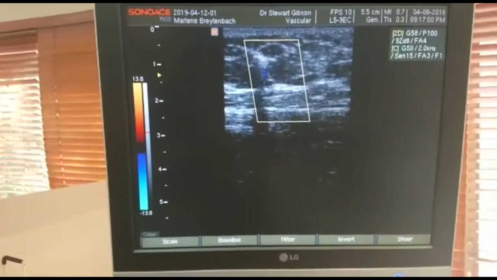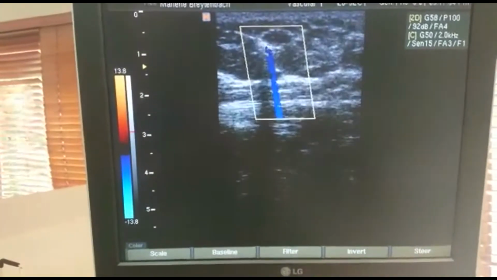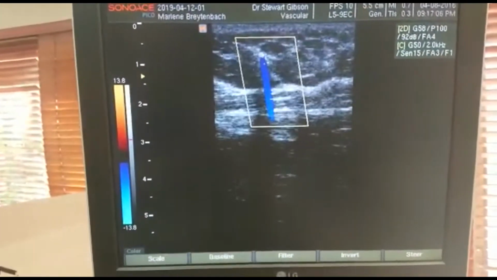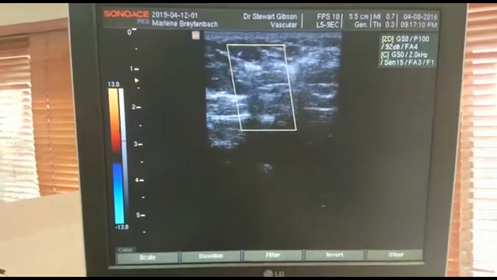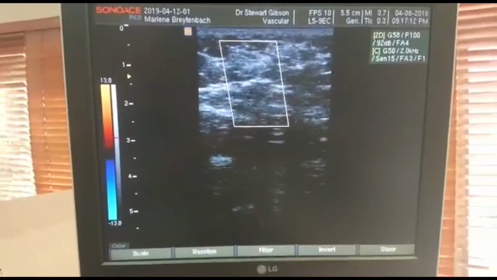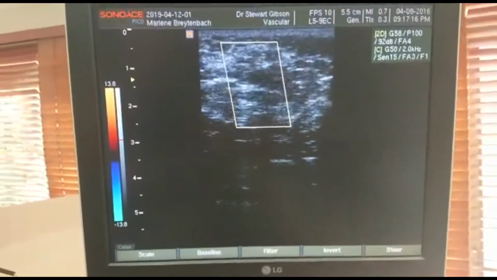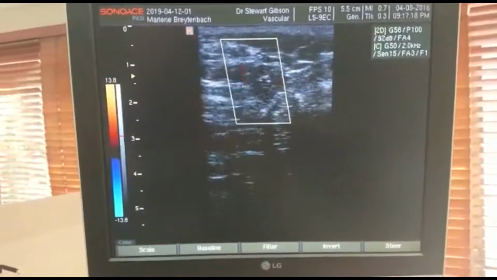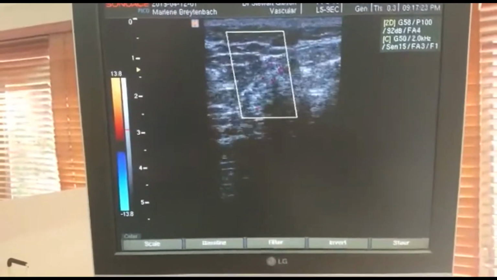You still see the starry night appearance from some of the sclerosant still in the blood vessel, but what you can clearly see is that we have succeeded in closing that abnormal high flow back into the sapheno-femoral junction, where we had the remnants of a problem following the previous crossectomy.